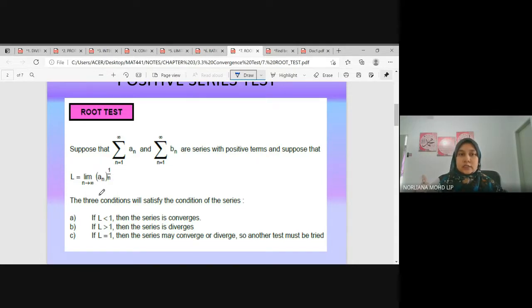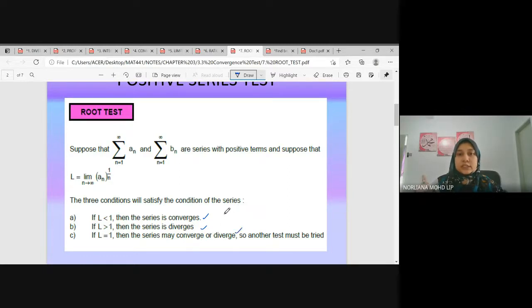Okay, there are three conditions. If L less than 1, so it is converge. Condition dia sama macam tadi untuk ratio. If L greater than 1, it is diverge. And L equal to 1, the series may converge or diverge.